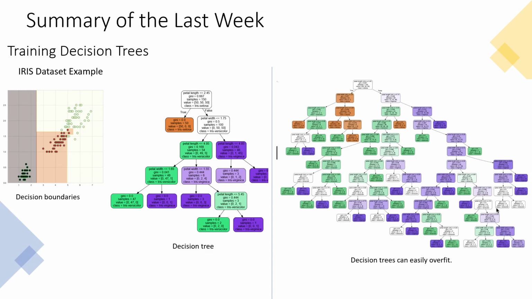Then we have seen how we can construct decision trees. We did 2 examples, and what we have seen is decision trees have a tendency to overfit. This is an example of overfitting. And there are so many leaves. These 2 trees were from the same example, from the iris dataset. In one case we use the petal length, in the other case we use the sepal length.